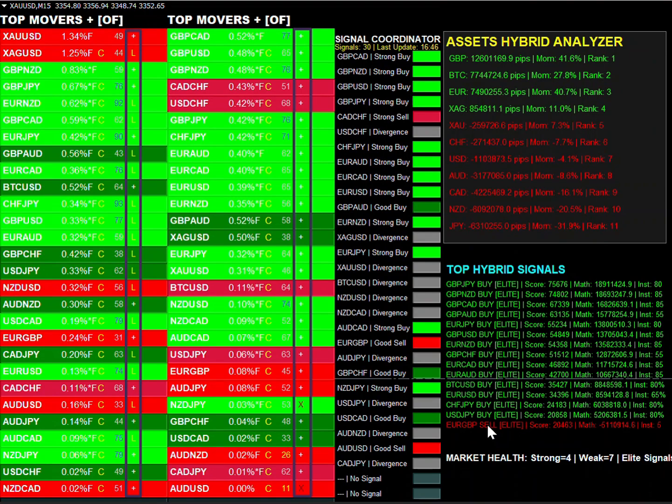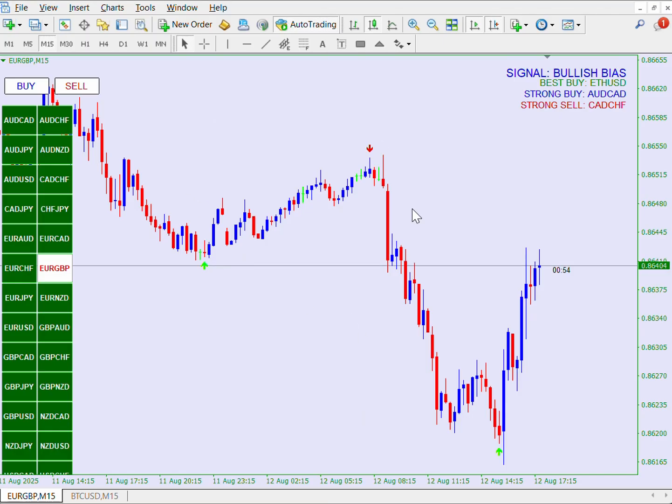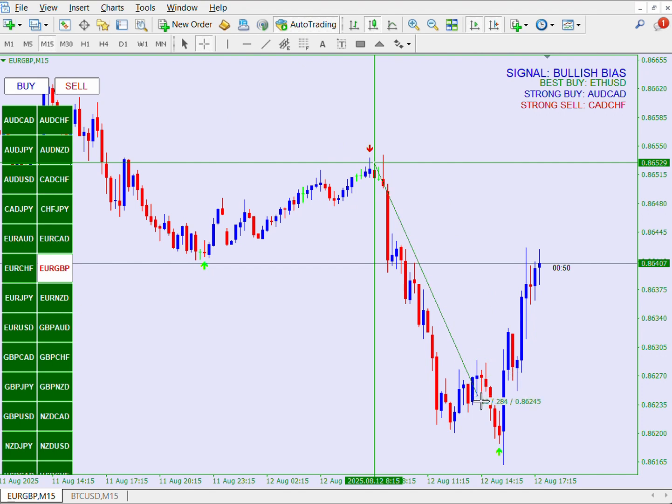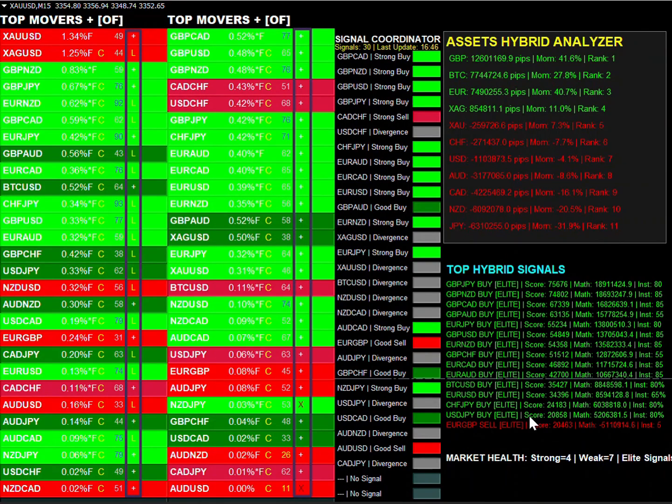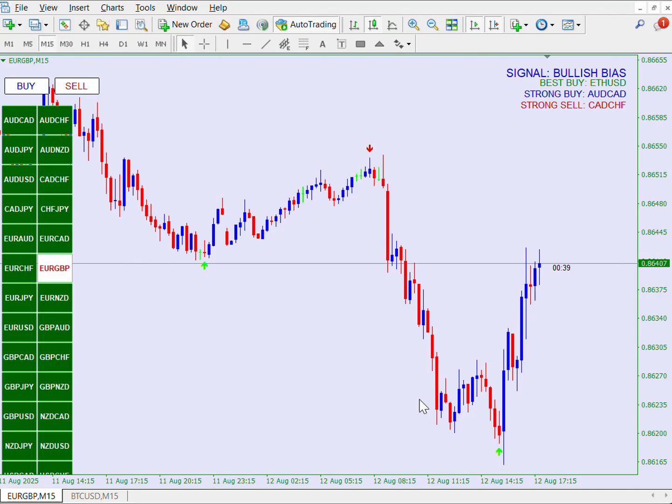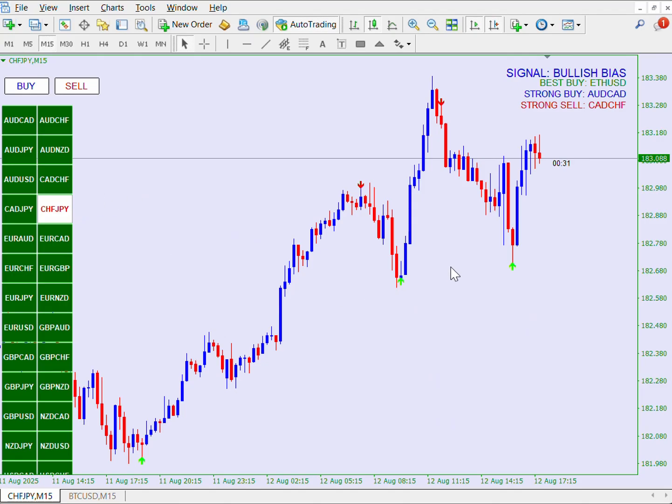Now let's look at what Euro GBP has done today. This is what Euro GBP has actually done today. At a point it sold. All right, so we look at another one. So far so good. Let's look at CHF JPY. All right, now CHF JPY is actually on the buy side.